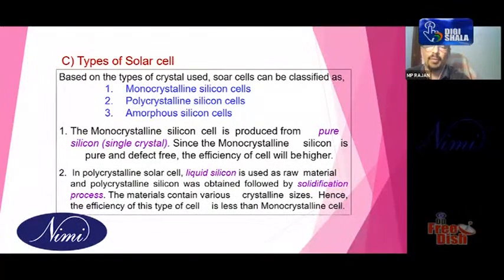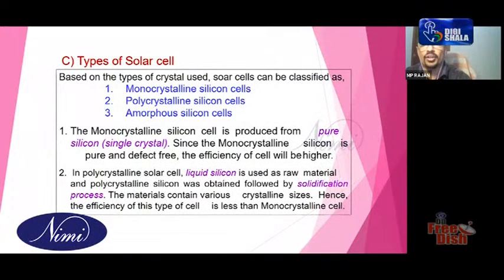Silicon is plentifully available on the earth, in sand and so on. In some process it is in ore form, and you can extract the silicon from the ore. In the monocrystalline system, the silicon crystal is a single crystal, in a highly pure form.